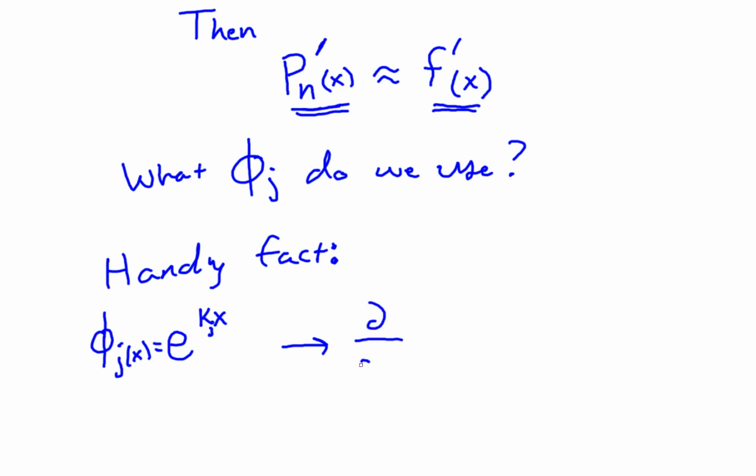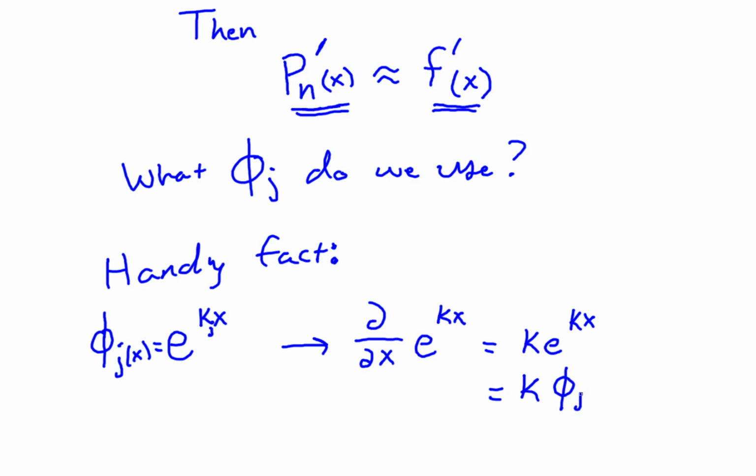So if we take d by dx of the exponential function e to the kx, then the answer is itself, k e to the kx, or it's equal to k times our original basis function.